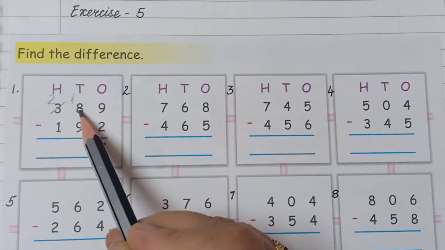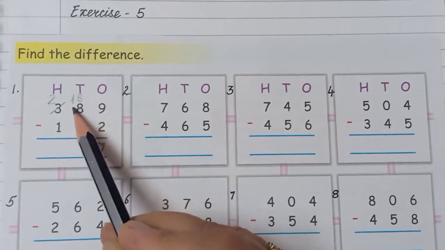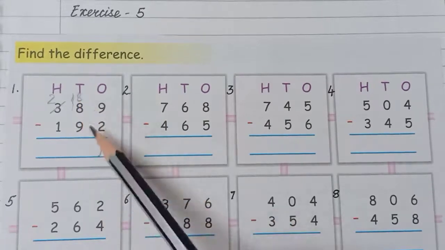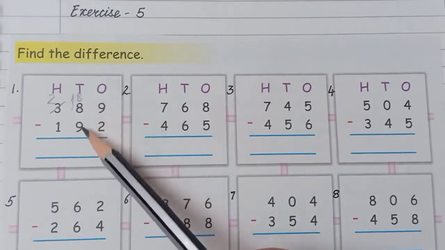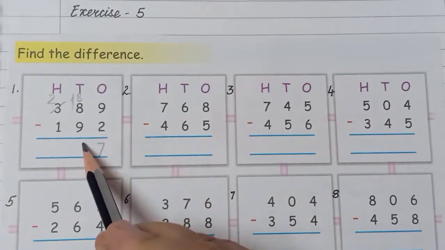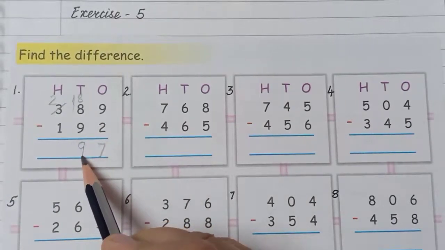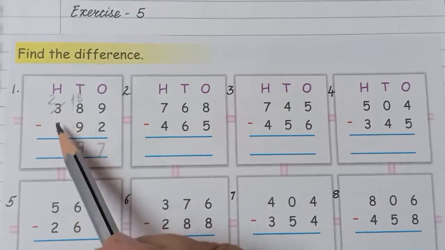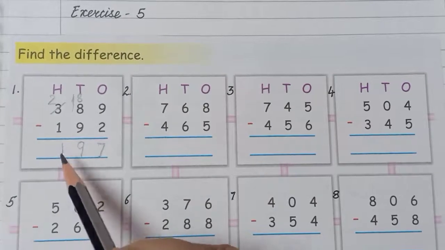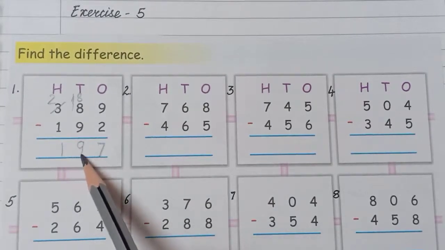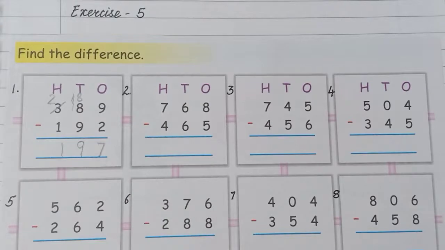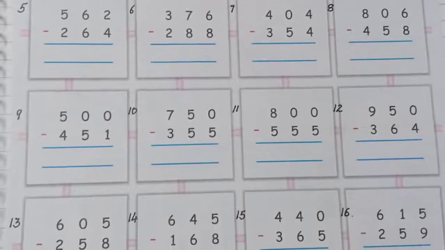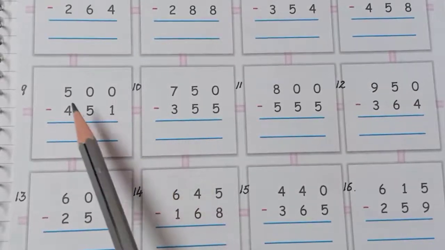If we add 1 ten here, it becomes 18. Now 18 minus 9 is 9. And 200 is left. So 2 minus 1 is 1. So the answer is 197.